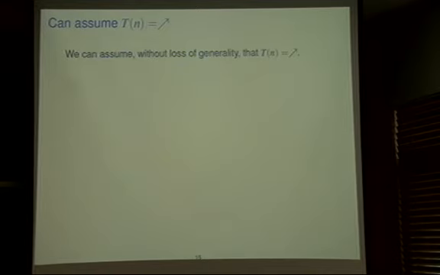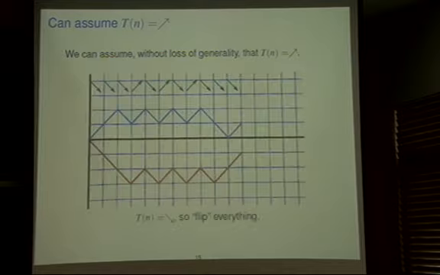And I claim that we can assume, for writing down this algorithm, that the last step, the new step that we're looking at, t, this fixed transversal, is pointing up. Why? If you have this painful situation where this last one is pointing down, what do you do? You just flip everything.